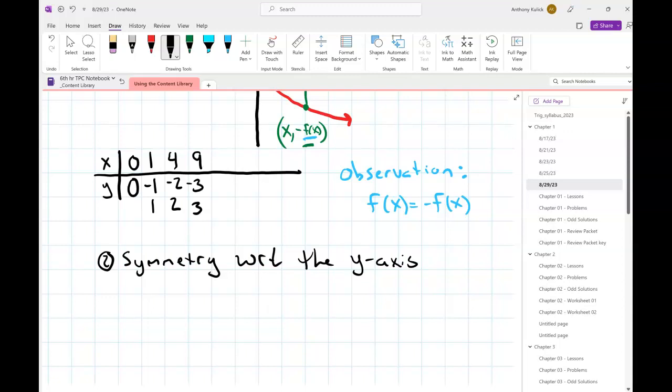Now, this type of symmetry has a special name. We call functions with this symmetry even functions. We most commonly use that term to describe a function that has symmetry with respect to the y-axis.